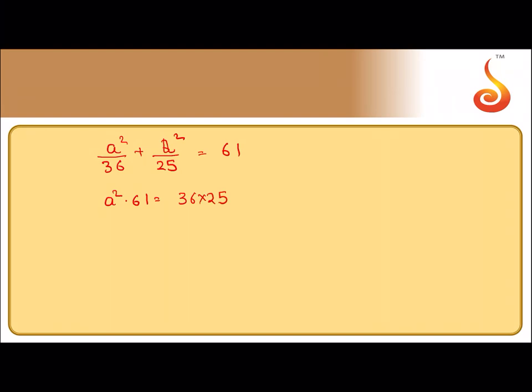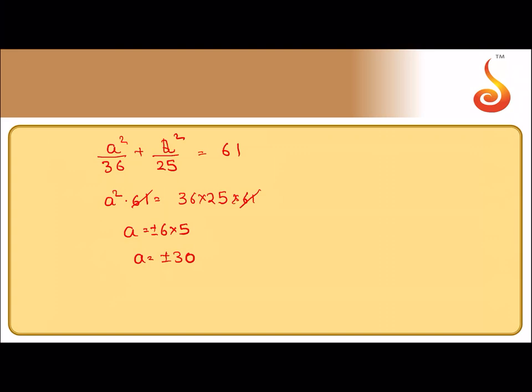Now we get a square by 36 plus a square by 25 is equal to 61. So we get a square into 61 equal to 36 into 25 into 61. So 61 will cancel.